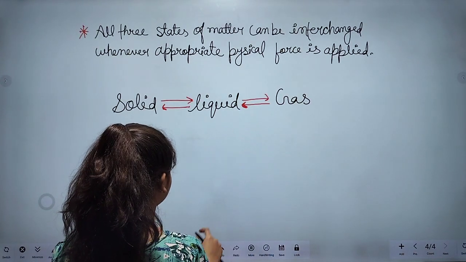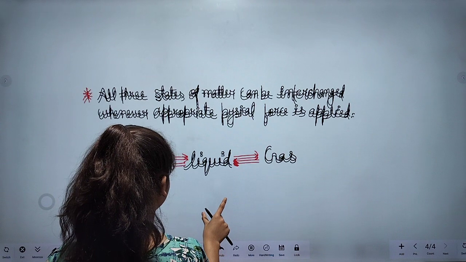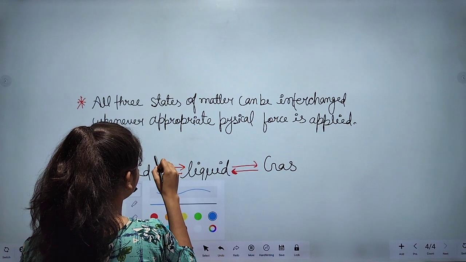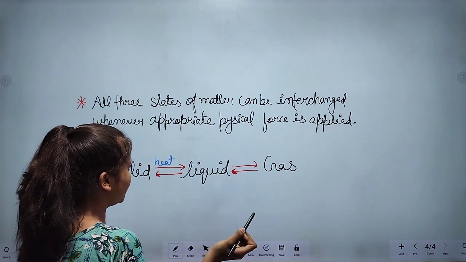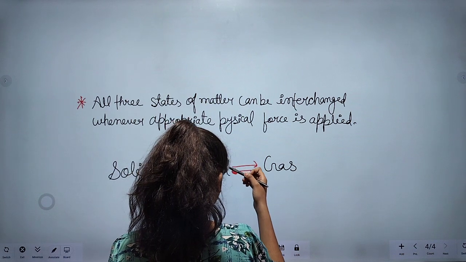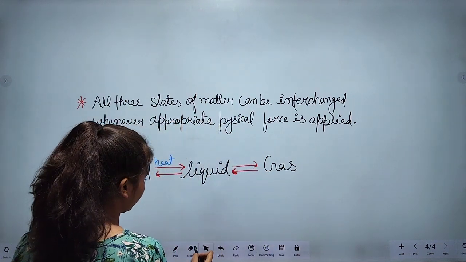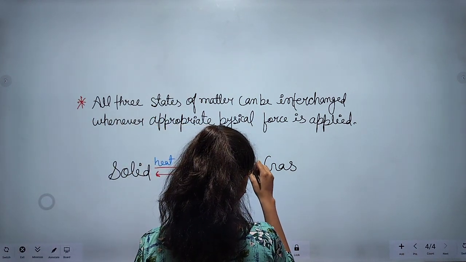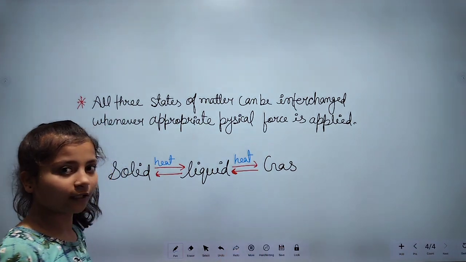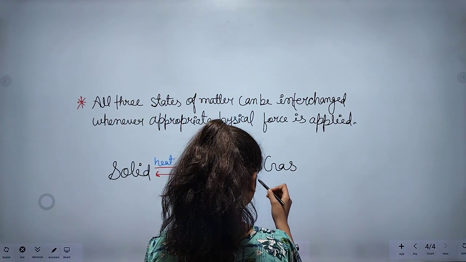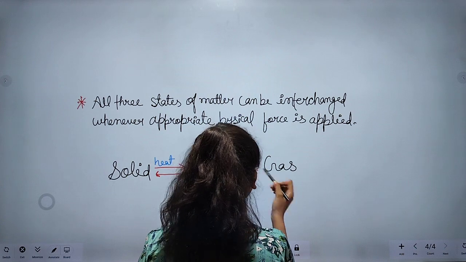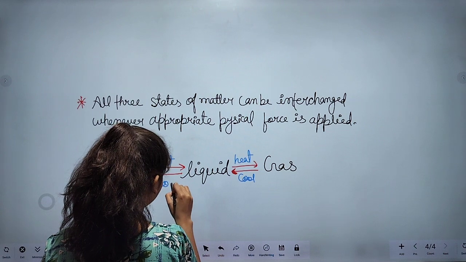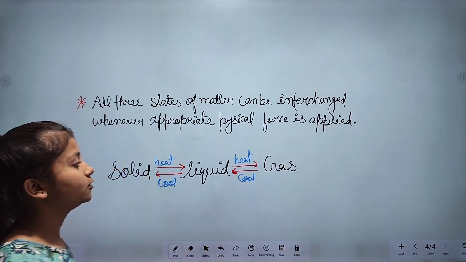Like, you can say, if we heat solid, then it turns into liquid, and if liquid is heated, it turns into vapor, like into a gas, and when the gas is cooled, then it turns into the liquid, and if the liquid is cooled, then it can interchange into solid.